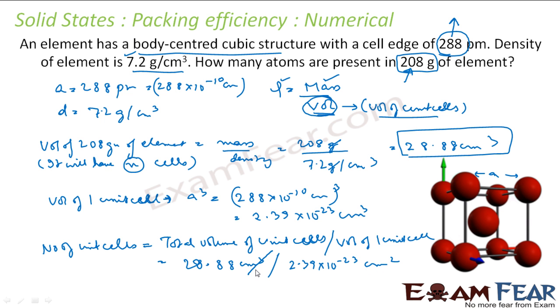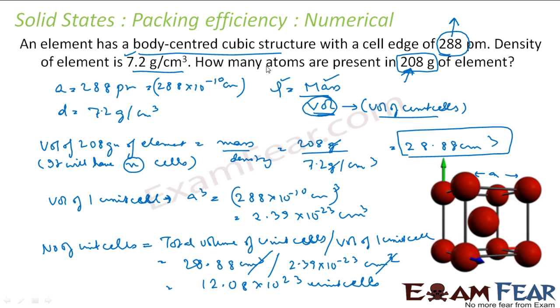Please note, all the units are the same and cancel, and with this you solve, you get the answer as 1.208 into 10 to the power 23 unit cells. So 208 grams of element will have these many unit cells.